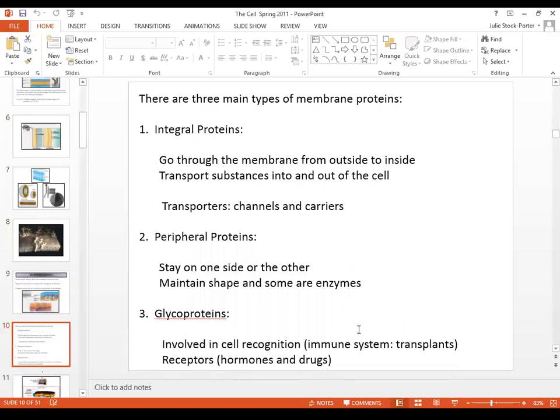Glycoproteins are involved in cell recognition, and they work as receptors. So if you're asked the question of what is the function of a glycoprotein, remember it has two responses. One, it's involved in cellular recognition. What does that mean? It means that it's out there, it's working as an antenna, and it's going to alert the cell to anything that's going on out there.